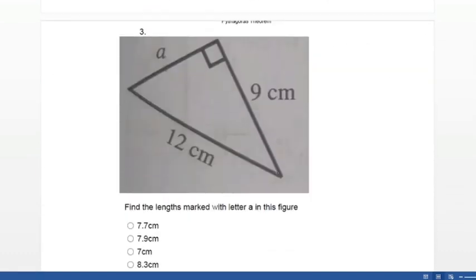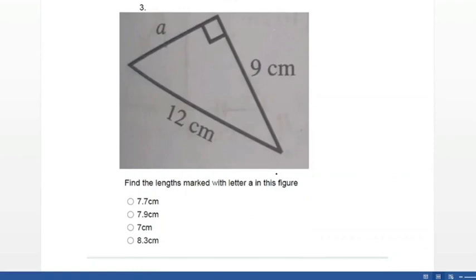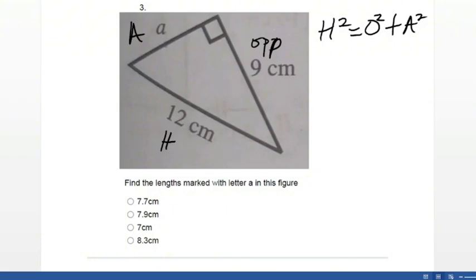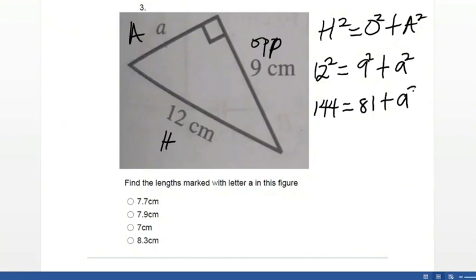Question 3 now. So what we have here is the same thing. If you look at this, this is the hypotenuse, this is opposite, and this is adjacent. So hypotenuse squared equals opposite squared plus adjacent squared. Hypotenuse is 12. That's 12 squared equals opposite, that is 9 squared, plus adjacent, a squared. So this is 144 equals 81 plus a squared.